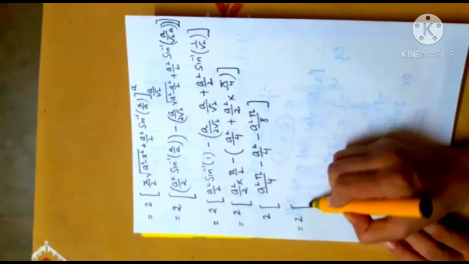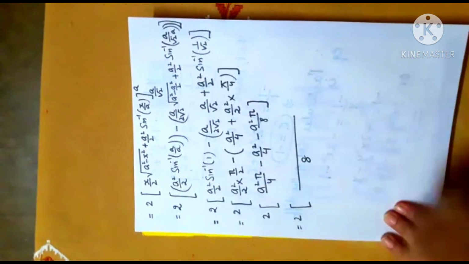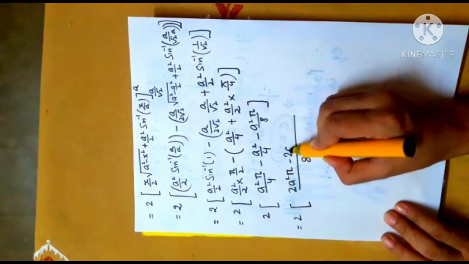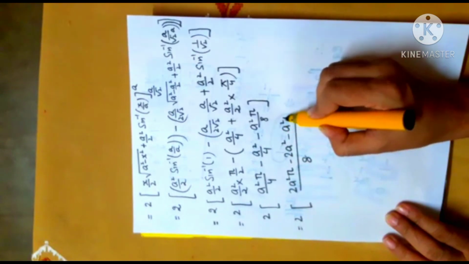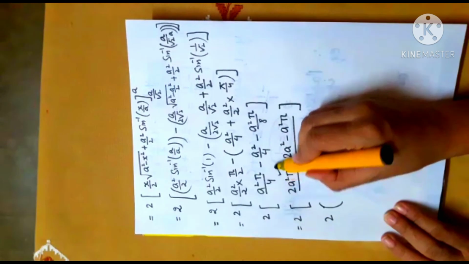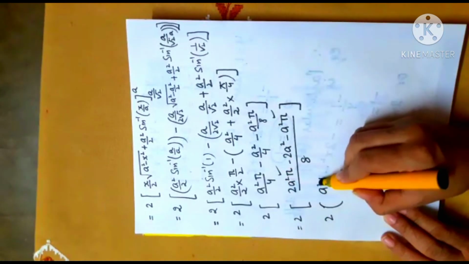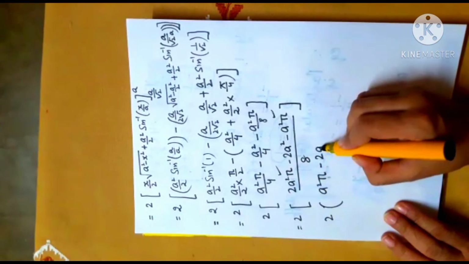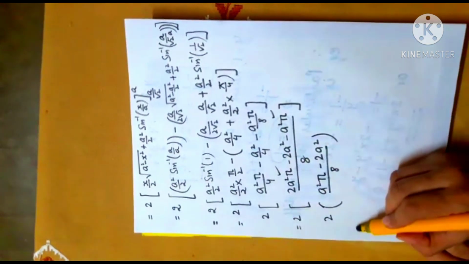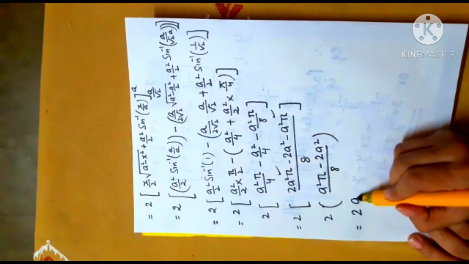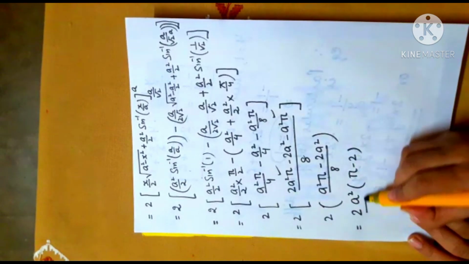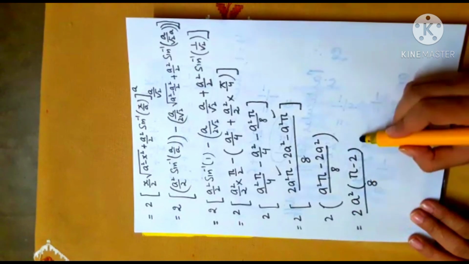So I take the LCM, it's 8: 2a square pi minus 2a square minus a square pi. I combine these two: a square pi minus 2a square over 8. So from here it's 2, I take the common factor a square outside, here I'll get pi minus 2 over 8.